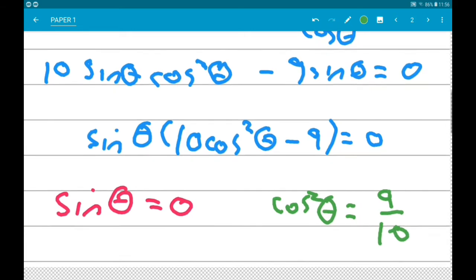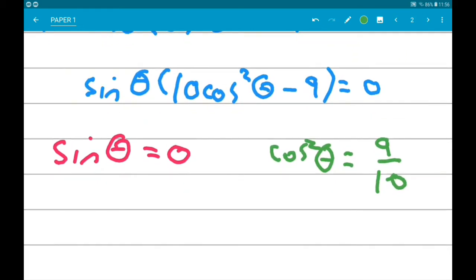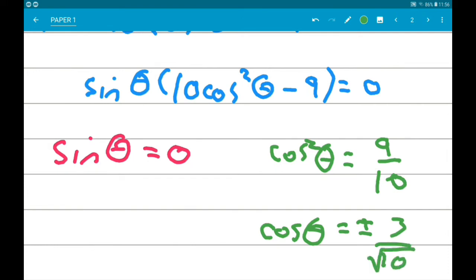And that would then give us cos theta is positive or negative 3 over root 10. Alright, so the sine part is nice.